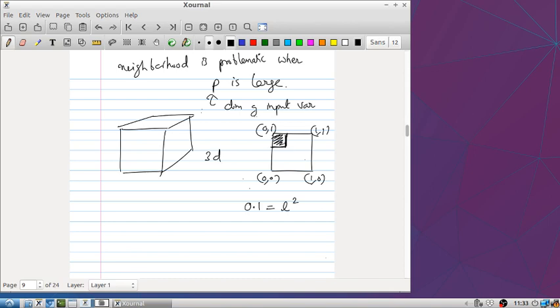Okay. You can do the same with cubes. Then it's going to be 0.1 is equal to L cubed, right? And so on. So in general, in 100 dimensions, it's going to be L to the power 100 is equal to 0.1.